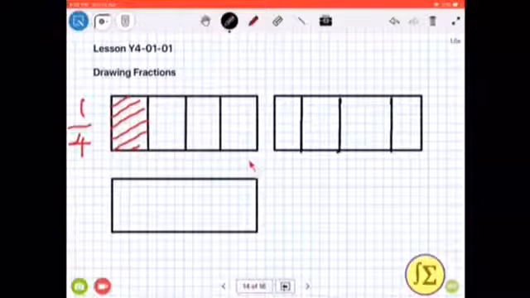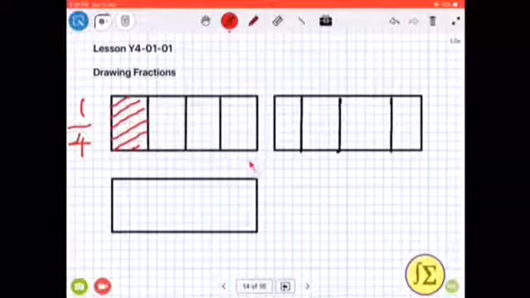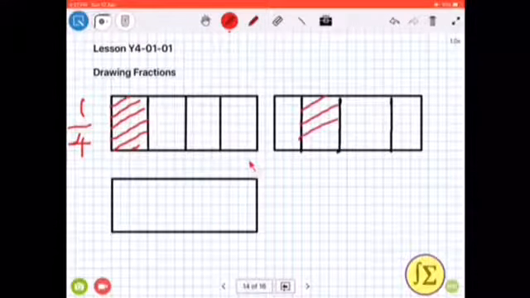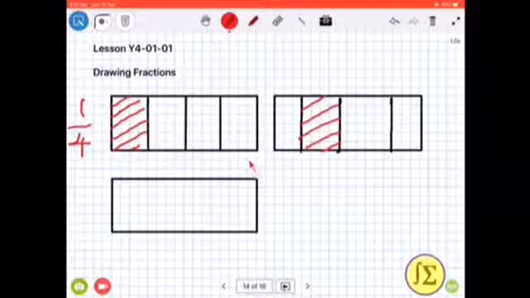So each part here do not represent 1/4, because 1/4 will look like this, right? This is slightly wider. So the key is when you are graphically showing rectangles, it's very important that you divide them to equal parts based on the denominator, right? So if the denominator says 4, you divide them to 4 equal parts.